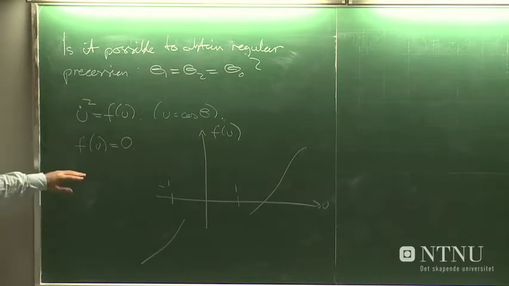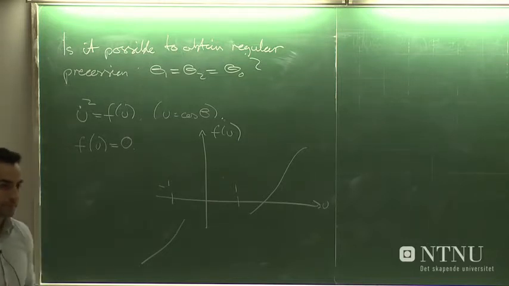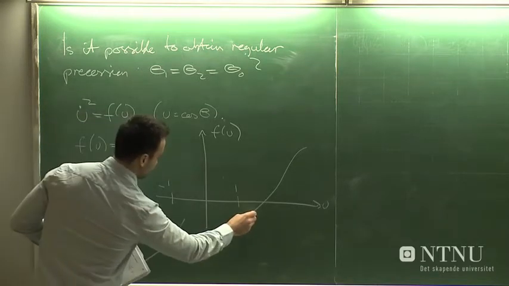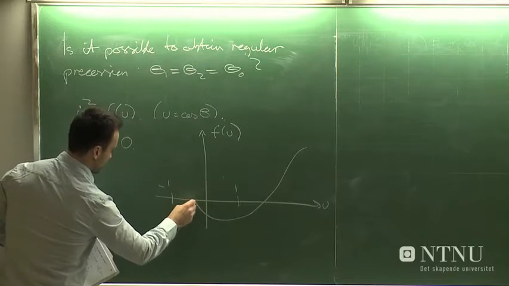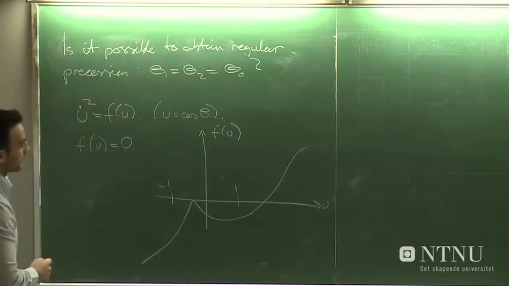So we're looking for a solution of this equation for one single value of theta. Well, if it goes up to f of u equals 0 and then down again. Exactly. So something like this. Yeah.